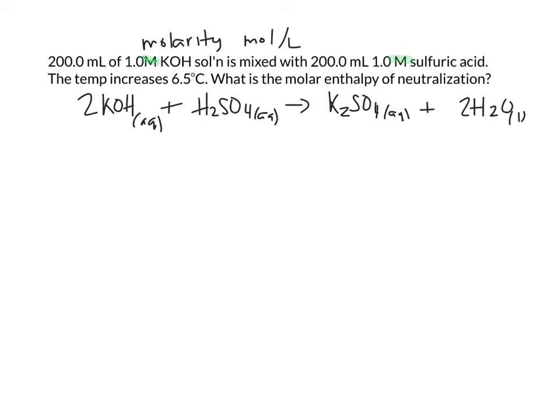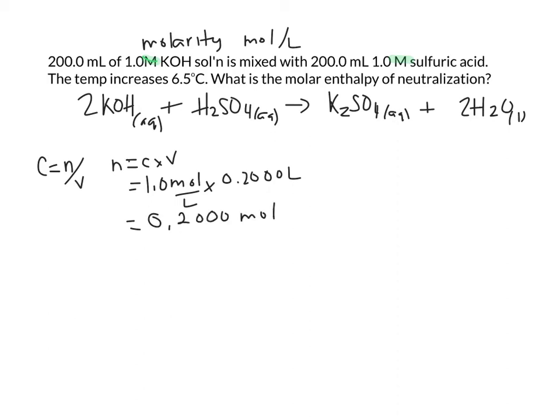So using C is equal to n over V, the number of moles for each of our solutions is 1.0 moles per liter times 0.2 liters. So we have 0.2 of each reactant.